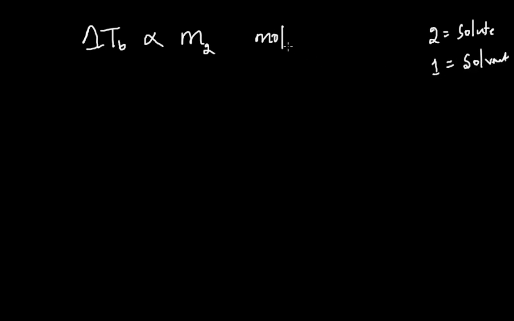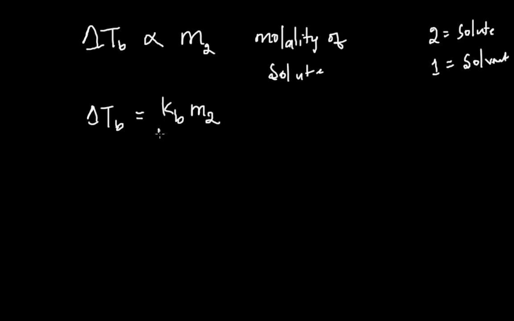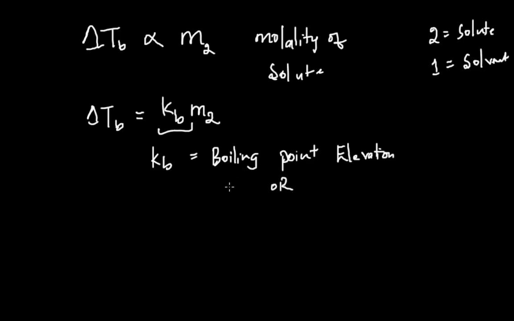And delta TB is equal to a constant Kb into m2, where Kb is your boiling point elevation constant or molal elevation constant, or ebullioscopic constant.